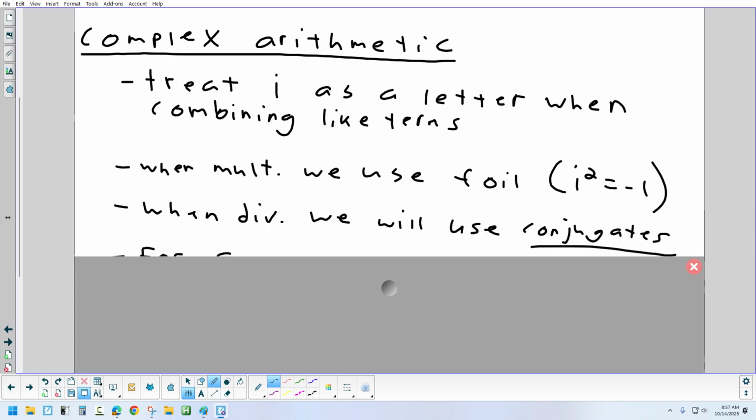When we divide complex numbers, we are not allowed to leave an i in the bottom. Just like we don't leave a square root in the bottom. The way we can get rid of an i in the bottom is to use a conjugate. If you don't remember what a conjugate is, I think we talked about it, but a conjugate is something like this.